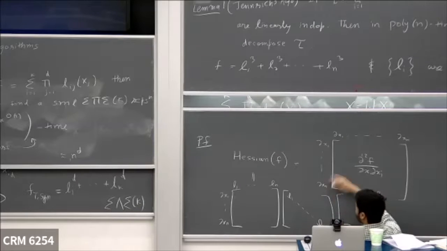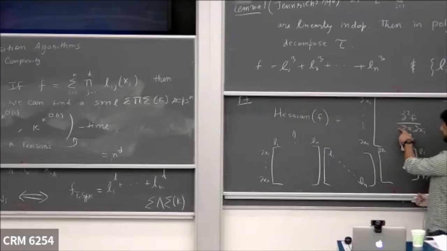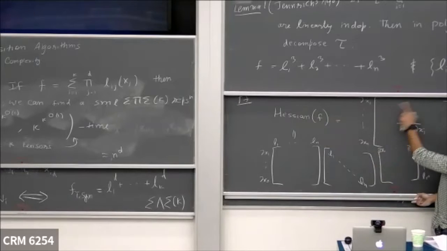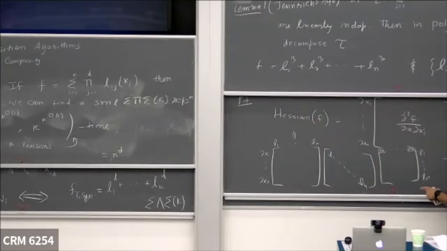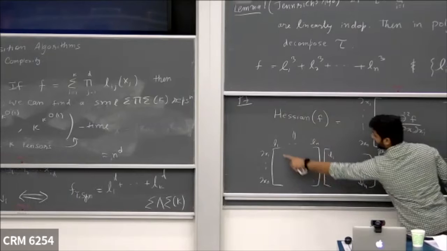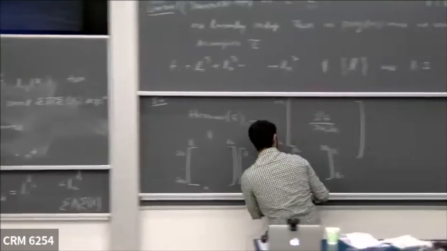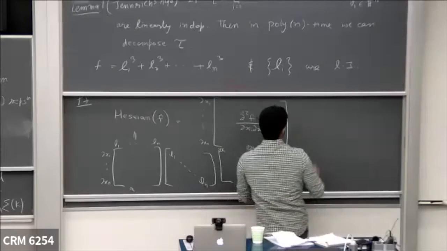This is just by observation. So if you have this matrix Hessian, then you can look at the determinant of the Hessian, and if the Li's are linearly independent, so let's call this matrix A, and this will be A transpose.